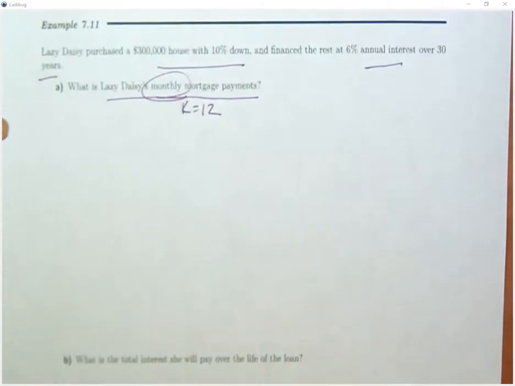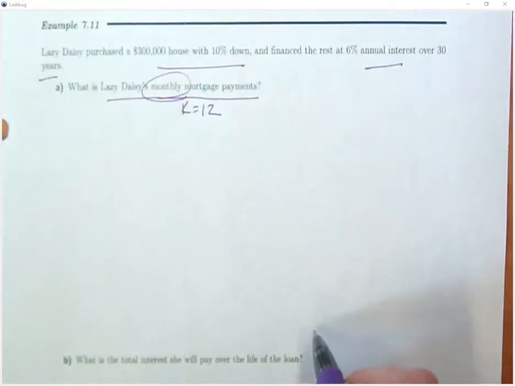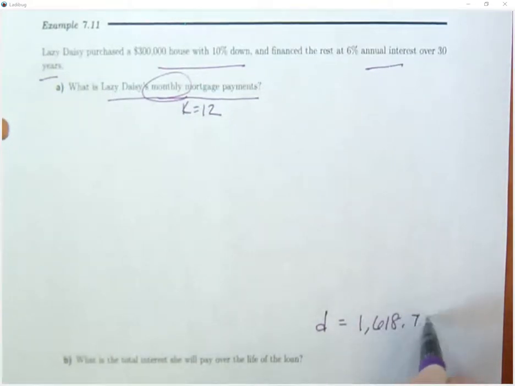So in order to make sure you start this right, I mean, you could pause it now and just try to do it all on your own and get the answers done up. But I am going to do this one out. But if you are choosing to just want to try it and then move on, the answer for part A, which you're going to get D, is $1,618.79.